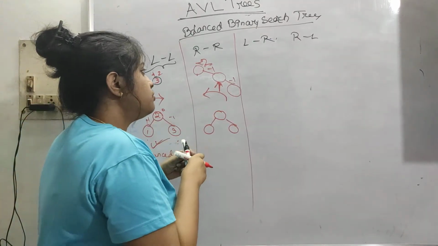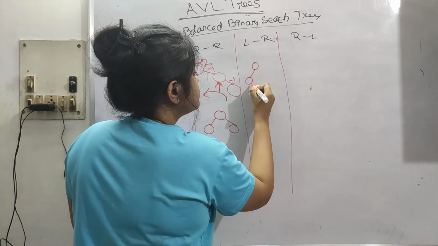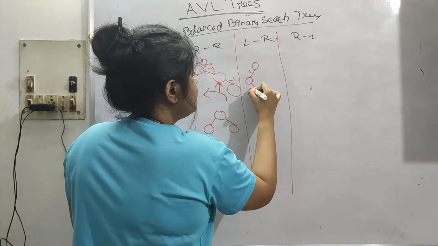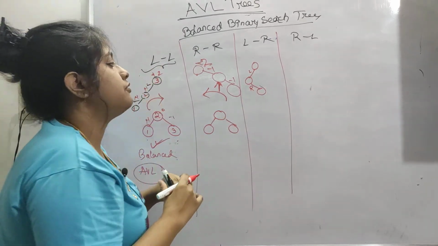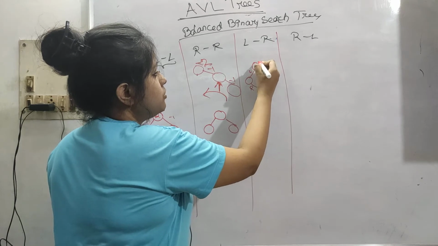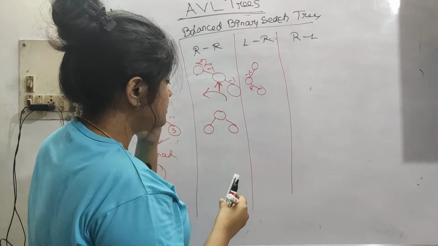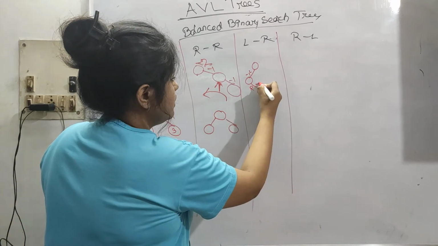Now let's look at our next one, left right. So this is the left right dependency. Here this is our root node, this goes -1 and this goes +1.